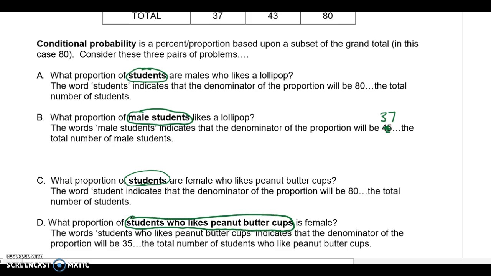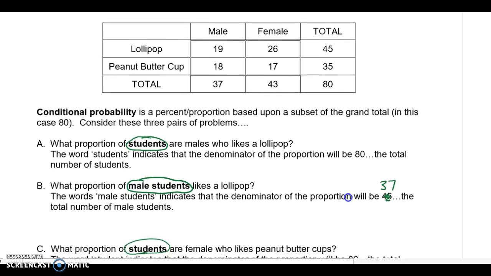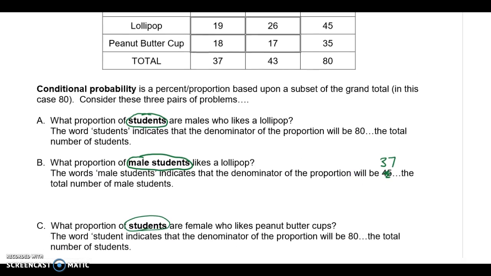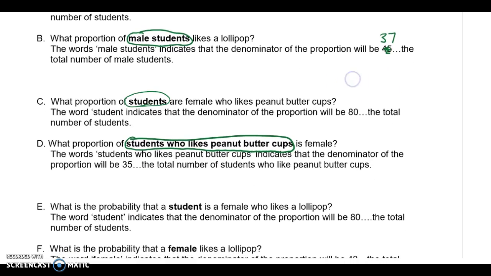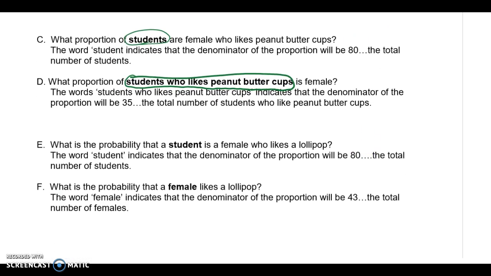So we're saying this is the group that we're looking at first, those that like peanut butter cups first. Then how many of those are female? So in this case, our denominator would be 35. Whether we do probability or proportion, it's the same idea. We're looking for that value right there to tell us our denominator.